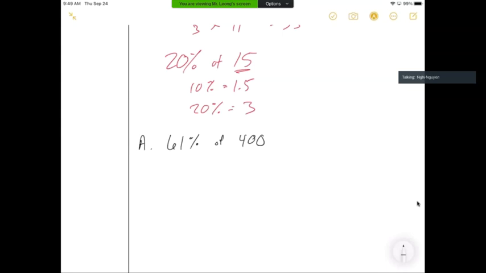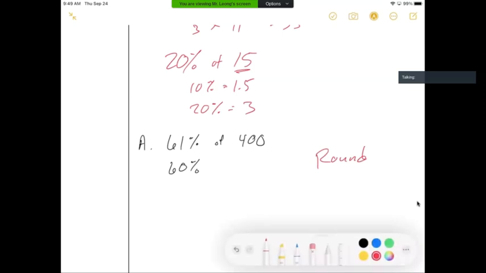Okay, first of all, we don't like 61%, okay? I'll answer your question in a little bit, okay? We don't want 60%. Let's just change this to 60%, okay? Let's round first. Let's make nice round numbers, okay? So now let's use our brain power.